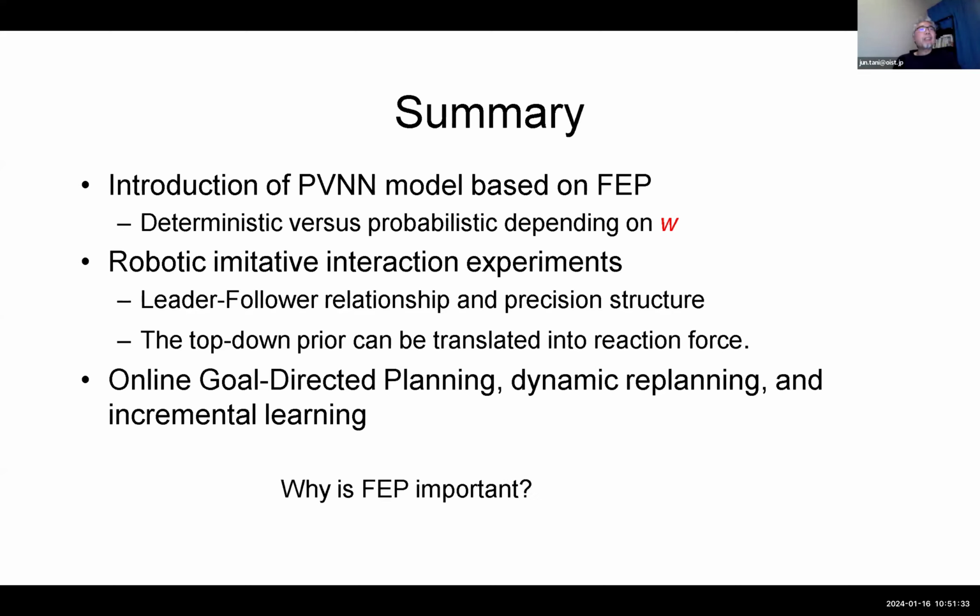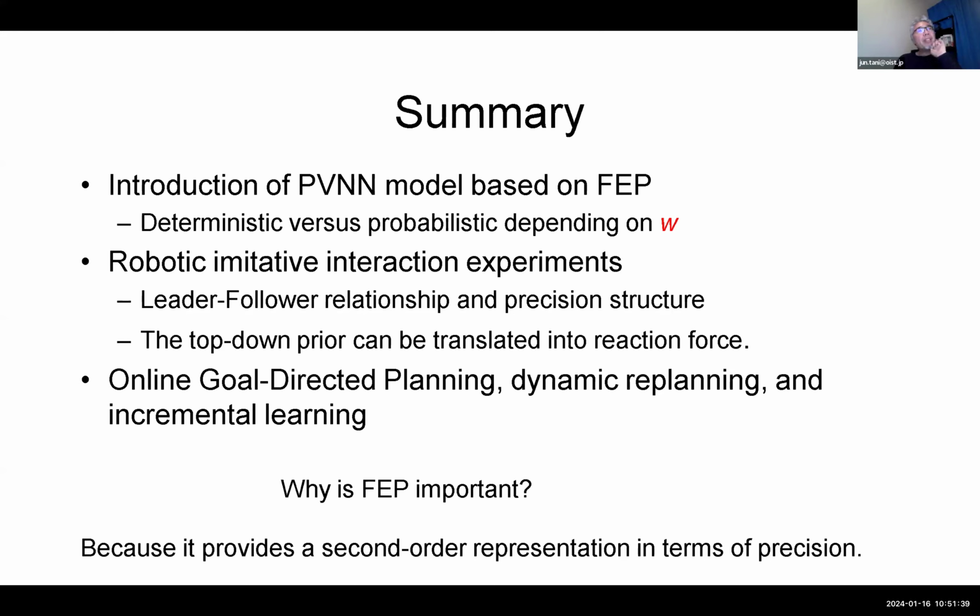Finally, I would like to say why the free energy principle is important. In my thinking, it is important because it provides a second order representation in terms of precision. All these deterministic recurrent networks only do first order predicting.